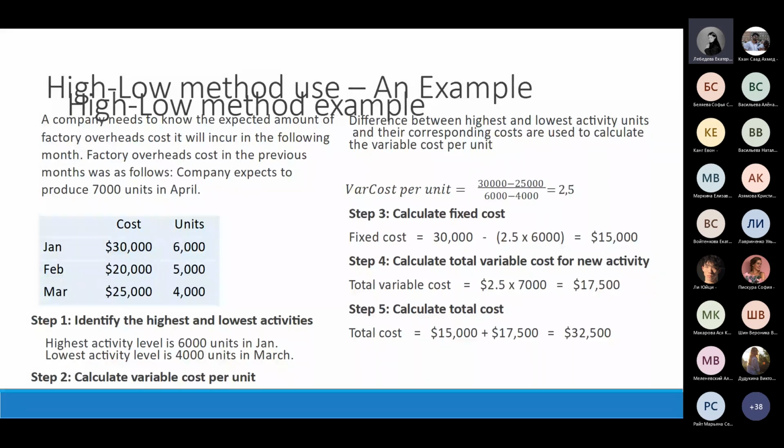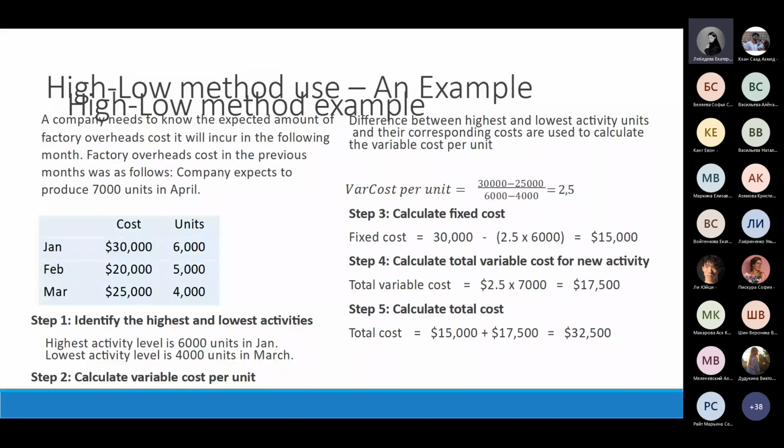So we have found that variable cost per unit is $2.5. If we plan to produce 7,000 units in April, we calculate variable cost for April because we need to predict our total cost for the next month.